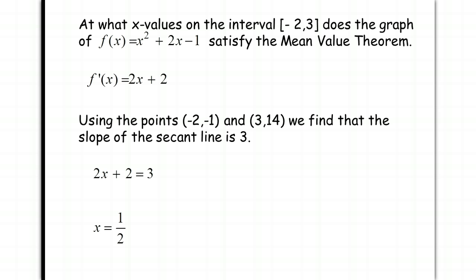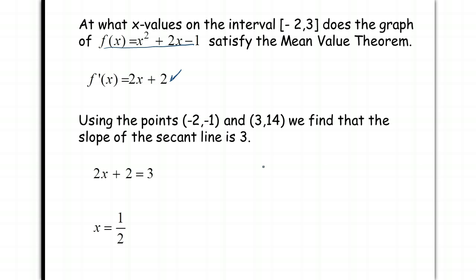So we know that it follows all the requirements. We talked about that. And we're going to find our derivative, because the derivative gives you the instantaneous rate of change. Using the points (-2, -1) and (3, 14), which I found by plugging into that function, I find the slope of the secant is 3.